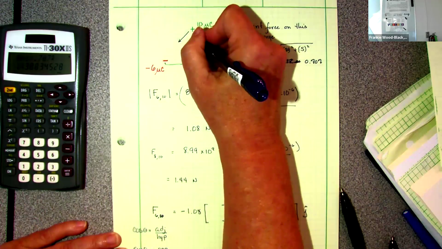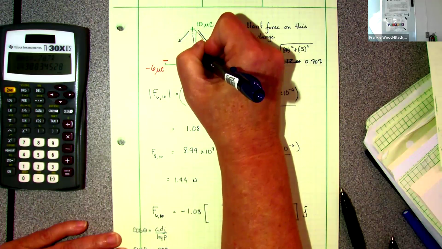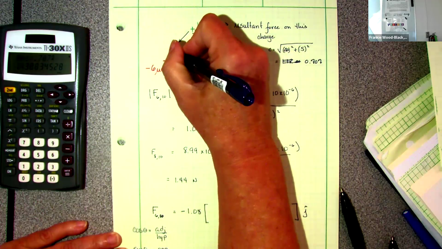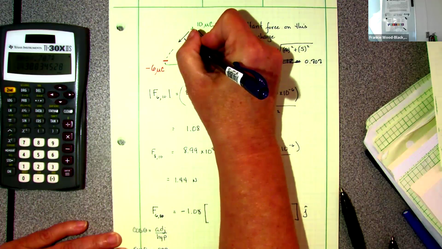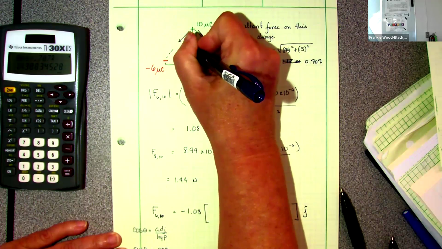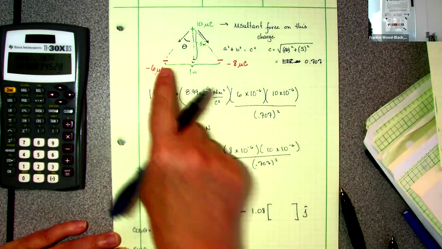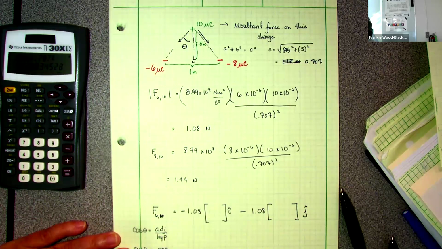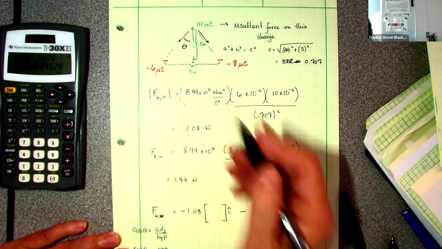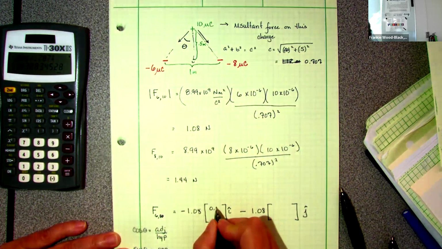If I am looking at this triangle, and that's the angle that I want to get my X component, there's the opposite, so that's 0.5.